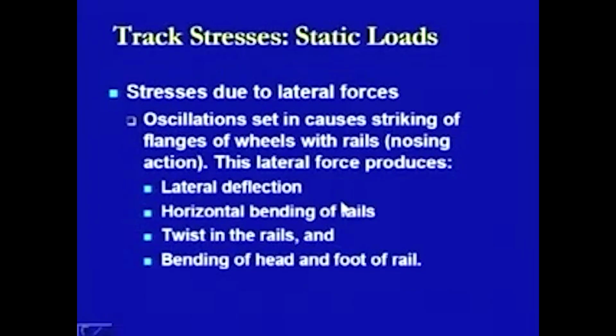And with this eccentricity between the application of the load and the point at which it is rigidly held with the sleeper, that is the foot, there will be a bending of the head and the foot of the rail section. So, that is why the different types of irregularities or deformations caused in the rail sections at times are because of the heavy lateral forces induced in the rail section. And this is a very dangerous condition as far as the operation is concerned and may finally lead to some hazardous condition.